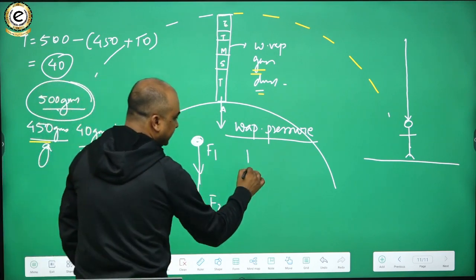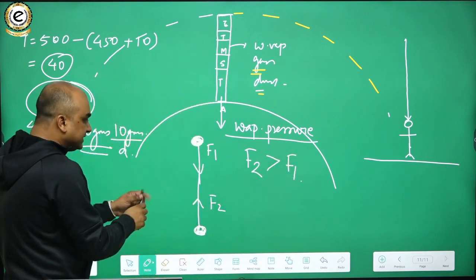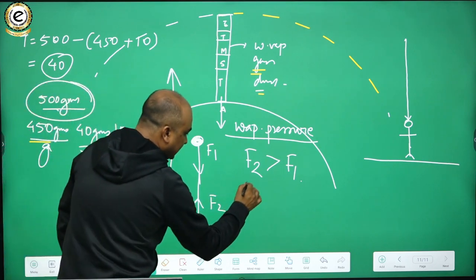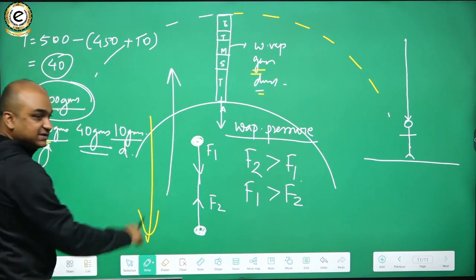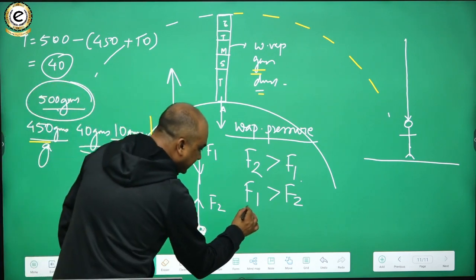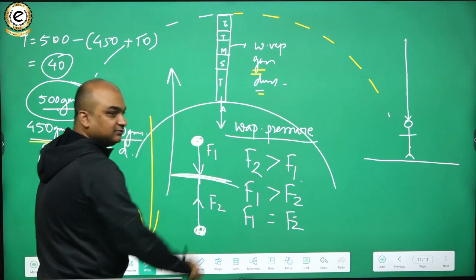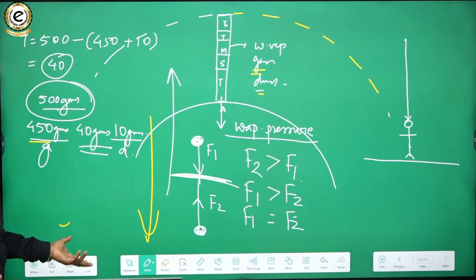If I say F2 is greater than F1, the resultant movement would be in this direction. Can I say? If I say F1 is more than F2, the resultant movement would be in this direction. But if I say F1 is equal to F2, can I say there would be no movement? Because both the forces have cancelled each other. Resultant तो कोई आएगा ही नहीं इसमें.